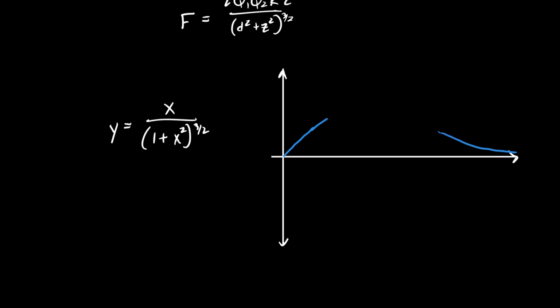I would probably assume that it peaks somewhere in there and then decays. There's a point where the force is at a maximum. In fact, you guys should be able to figure out where the maximum is. Where is the point that would have the maximum amount of force? This is force versus position.